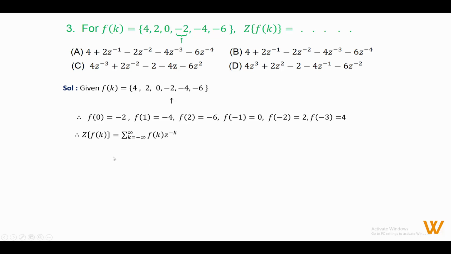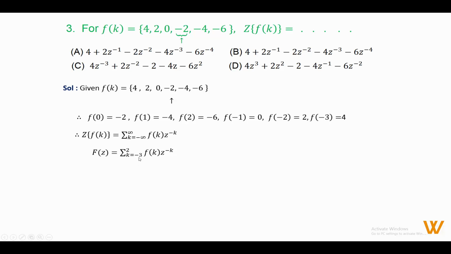Therefore Z transform of f of k, we know the definition, sigma k varies from minus infinity to plus infinity f of k z raised to minus k. Now here the given sequence runs from minus 3 to plus 2, so sigma k varies from minus 3 to plus 2 f of k z raised to minus k.